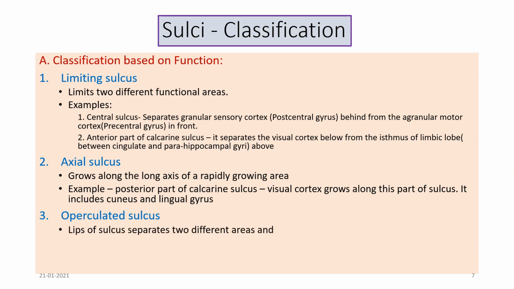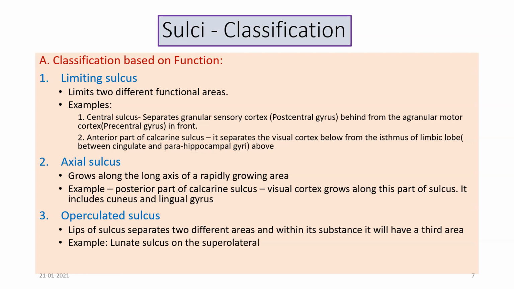The lips of this sulcus separate two different areas, and within its substance it will have a third area. So the lips are separating two areas and the substance of it contains the third area. And the example of it is the lunate sulcus, which is seen on the superolateral surface of the occipital lobe, and that comes in contact with the calcarine sulcus, posterior extension of it.